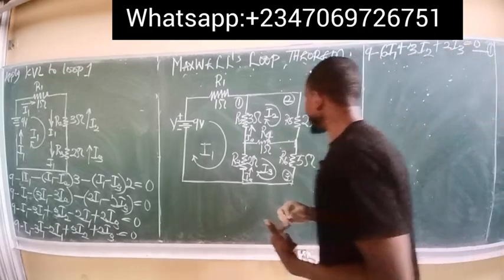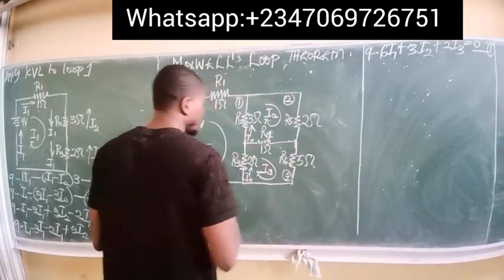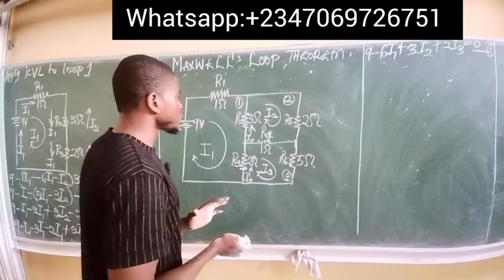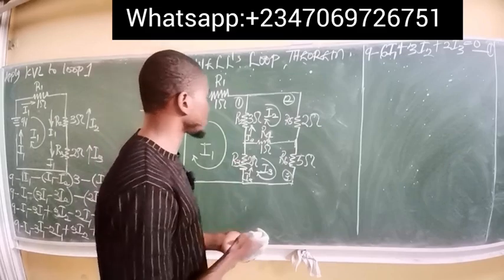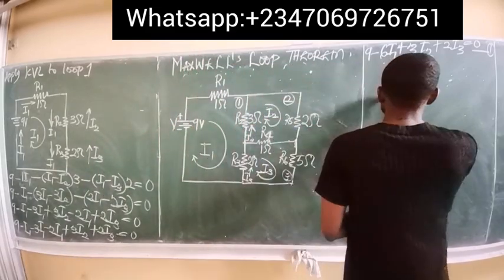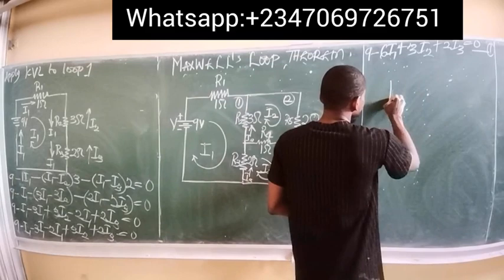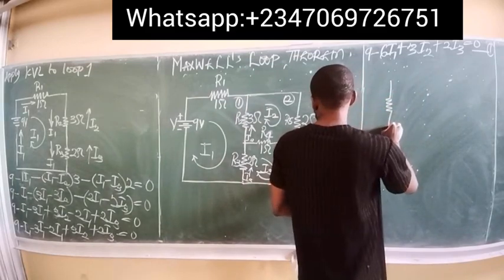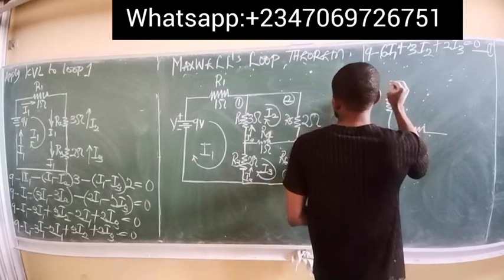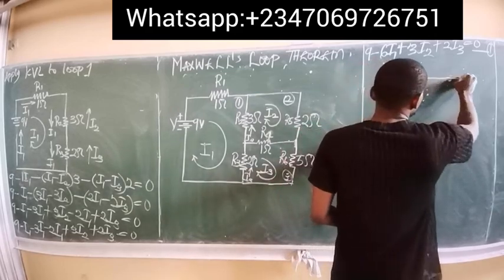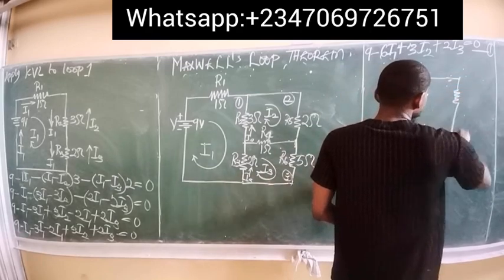Next is to consider the second loop. So we consider the second loop, which is here. So let's bring out the loop. Let me break it down as well. I simply have this, and I have this, and I have this.